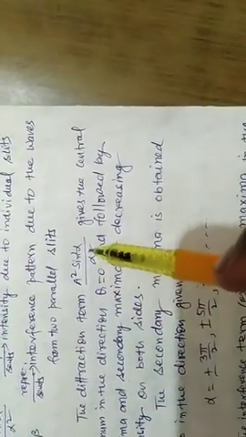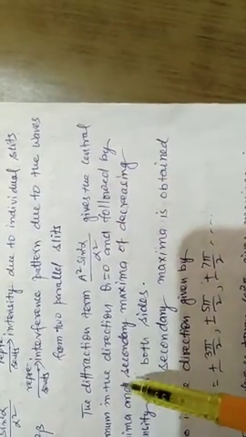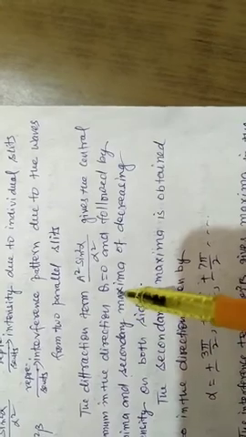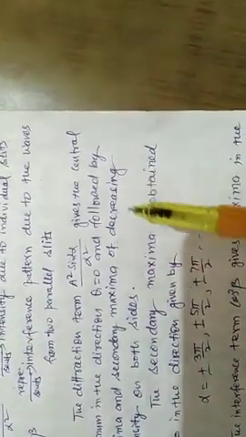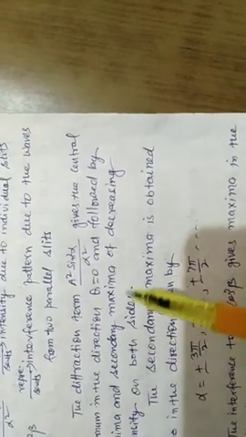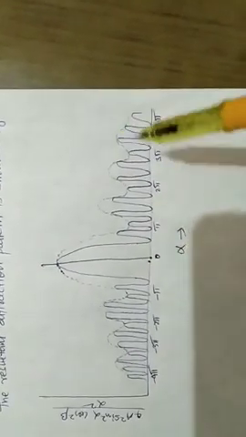The diffraction term A square sin square alpha upon alpha square gives the central maximum in the direction theta equal to 0, followed by minima and secondary maxima of decreasing intensity on both sides. Here we can see the final distribution curve.